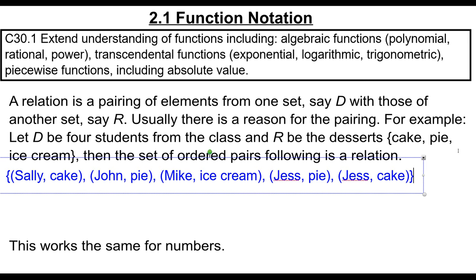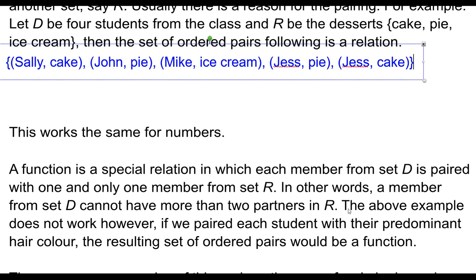This would be the definition of a relationship between our person or the student in our class and what they enjoy for dessert. This relation works the same for numbers.